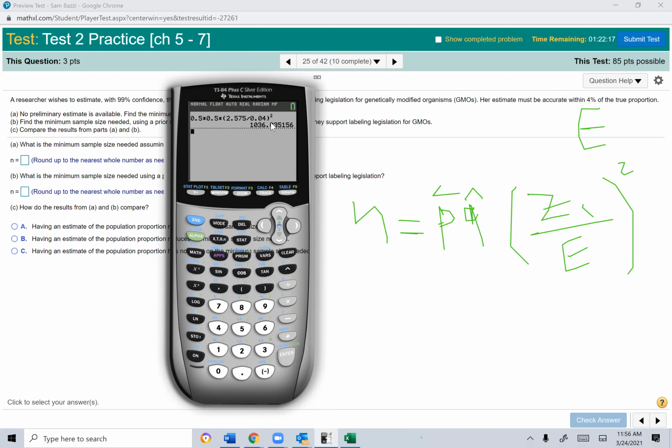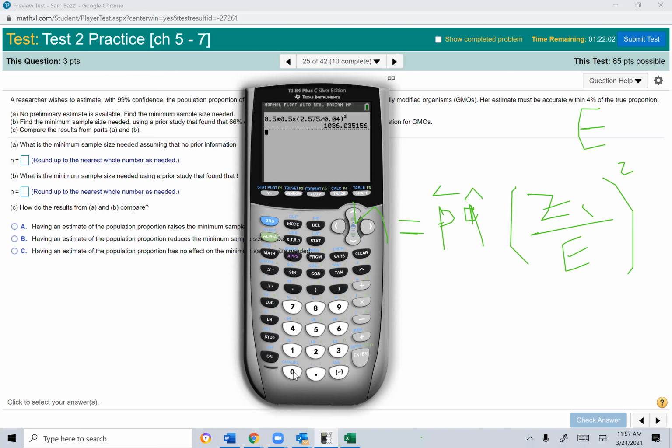For the second one, find the minimum sample size needed using a prior study that found that 66% of the respondents said that they support labeling legislation for GMOs. Well, we already know P hat, guys, so it will be 0.66. That's P hat. Times Q hat. Who can tell me what Q hat is if this is 0.66?